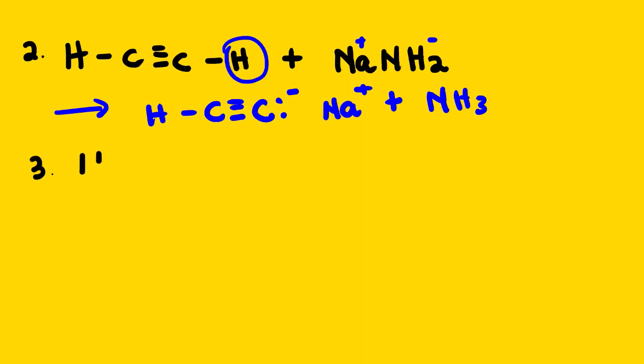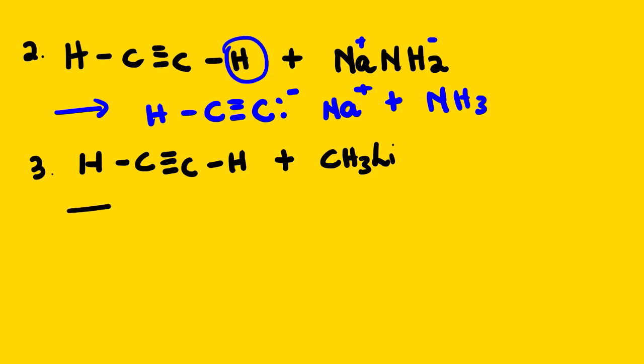Our second one. We have to understand that we are not talking about the SN2 reaction here. We don't have the substrate and the leaving group. We're just reacting. This is an acid-base reaction, by the way.